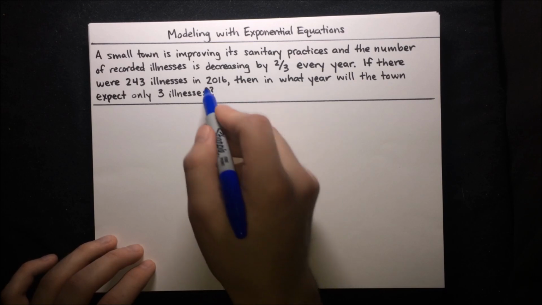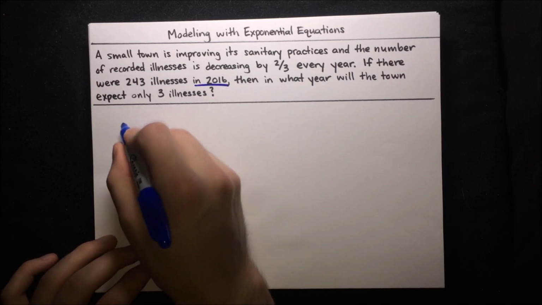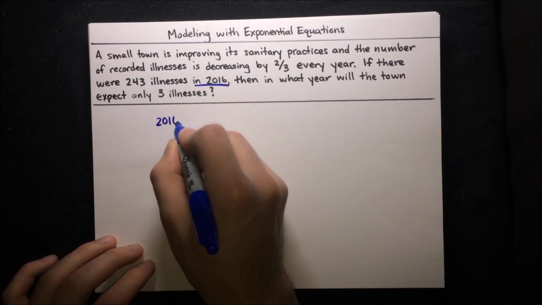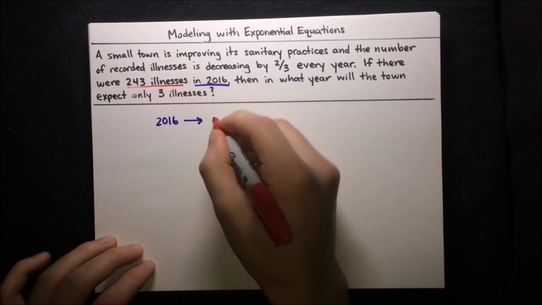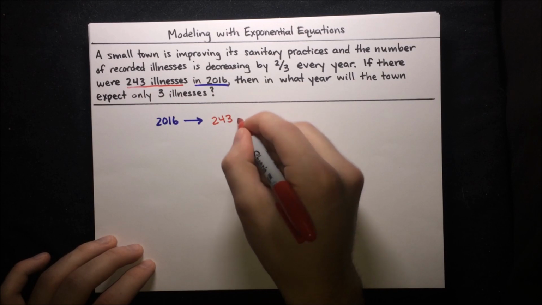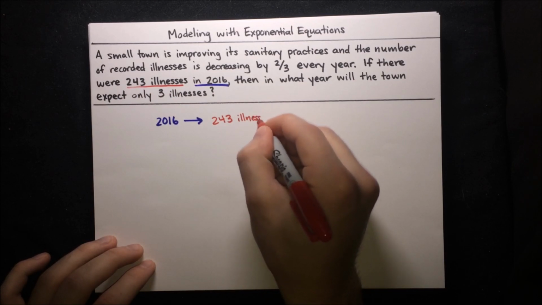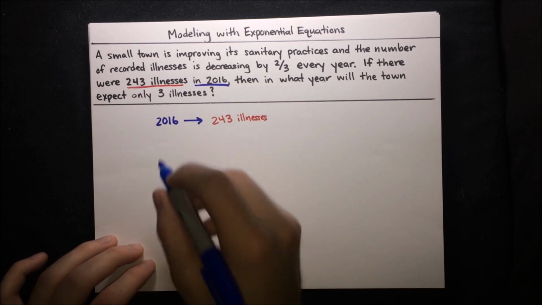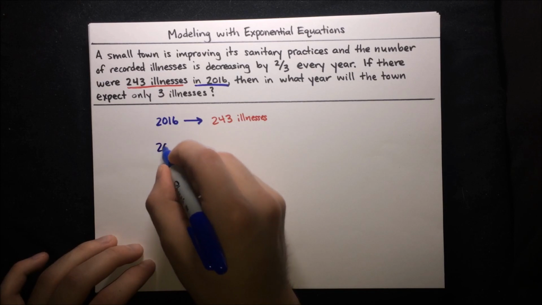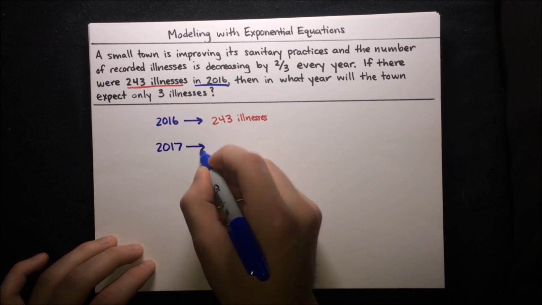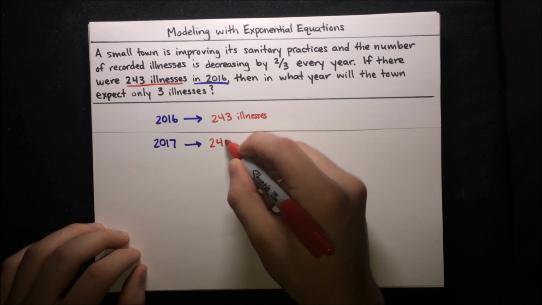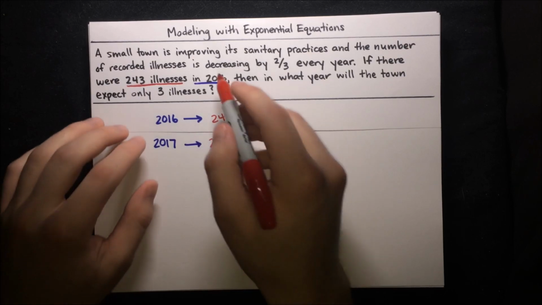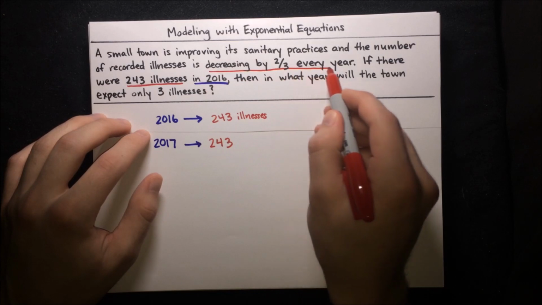So first of all, in 2016, there were 243 illnesses. Okay, then how about the next year, in 2017? How many illnesses? Well, we start with the amount in 2016, which was 243, but then we're decreasing by 2/3 every year.